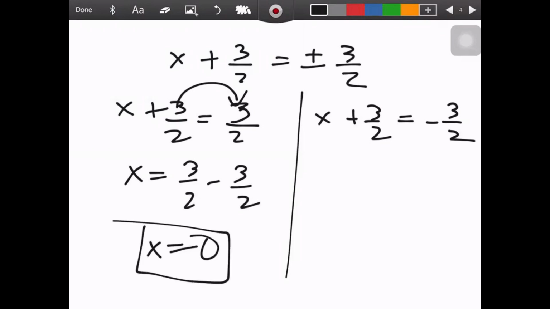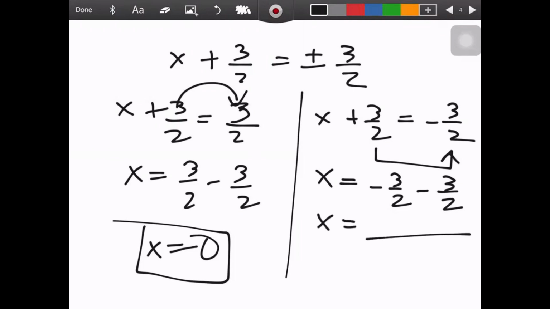Our second root is that we need to move positive 3 over 2 to the other side. It will become x equals negative 3 over 2 minus 3 over 2. Since they have the same denominator, we can just simply write the denominator 2 and identify the numerator.